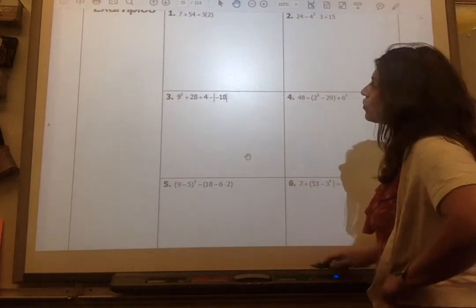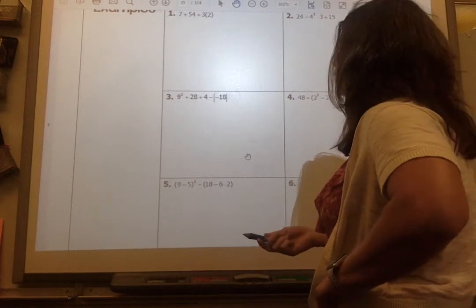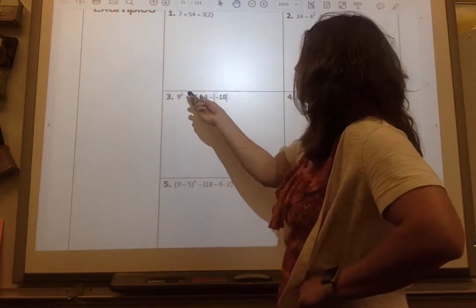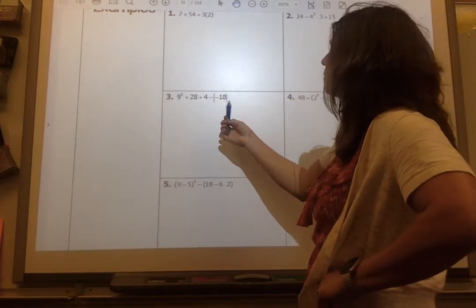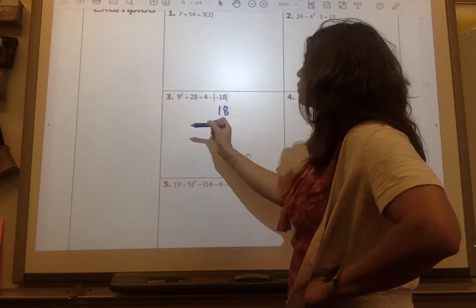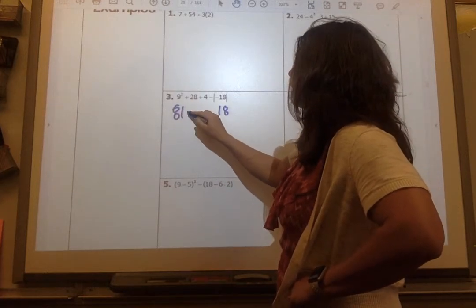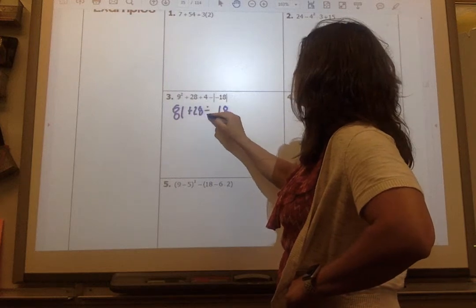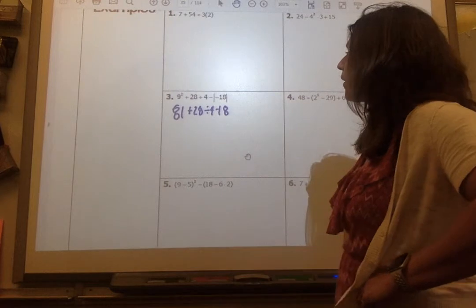Okay? Go ahead and try it on your own and then jump back in and look to see if we're getting the same answers. But I'm going to do order of operations says brackets first. So I look over here and I look at this absolute value. And I know the absolute value of negative 18 is 18. And I know that 9 squared is 81. So I have 81 plus 28 divided by 4 minus 18 because of that negative sign out there.